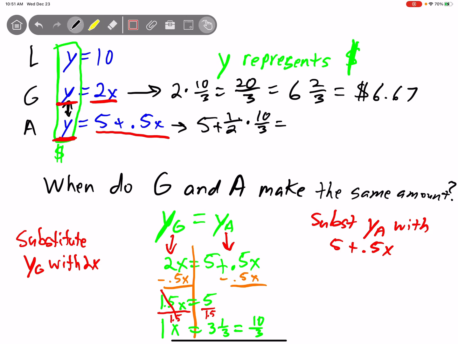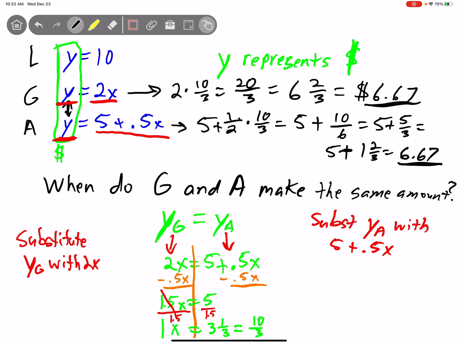All right, so 5 plus 1/2 times 10 over 3. 1/2 times 10 over 3 gives me 1 times 10 is 10, 2 times 3 is 6. 10 over 6 is the same thing as 5 over 3, which is actually the same thing as 5 plus 1 2/3, which also gives me 6.67 approximately.